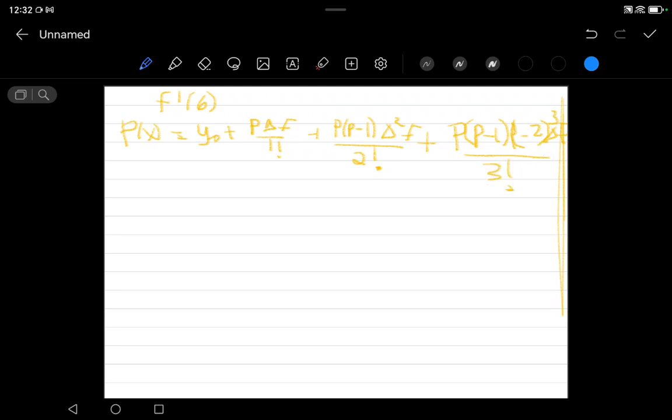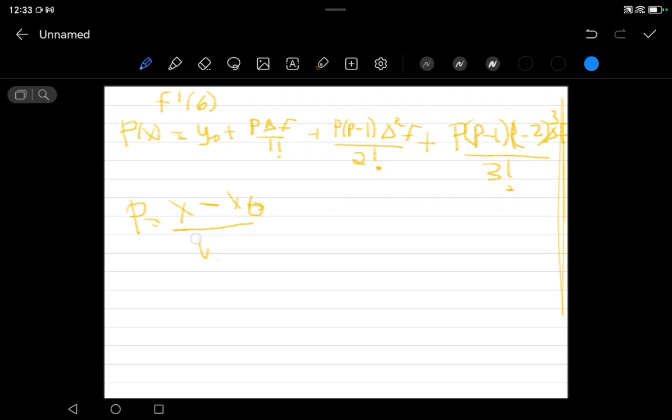So this is where we're going to stop, because our table ends at change to the power of 3f. Okay, so remember I said p is equal to x minus x0 over h.